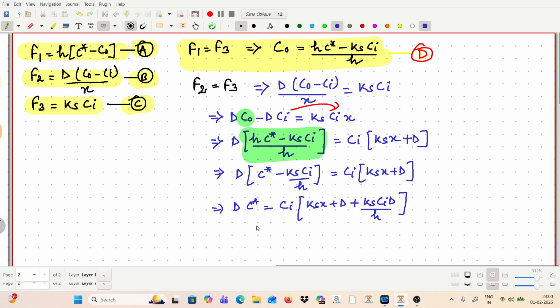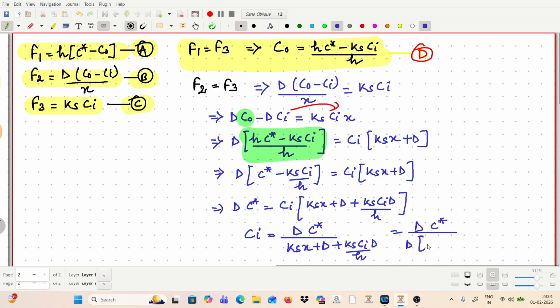So the value of CI we can directly write is nothing but simply D C star upon KSX plus D plus KS CI D by H. And if we cancel the D, one more line I will write.